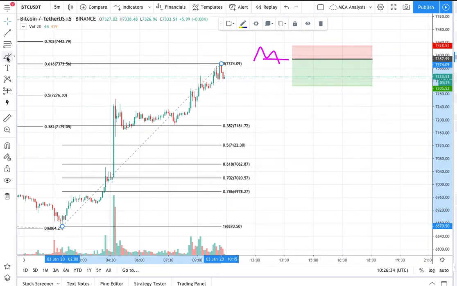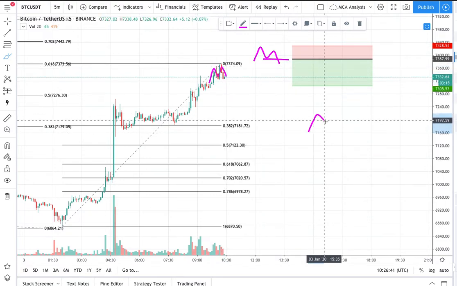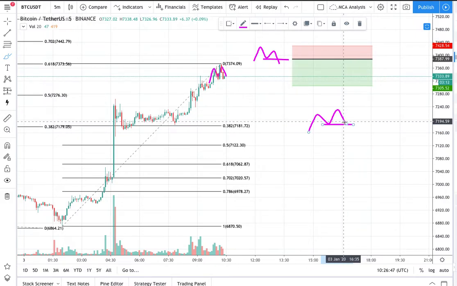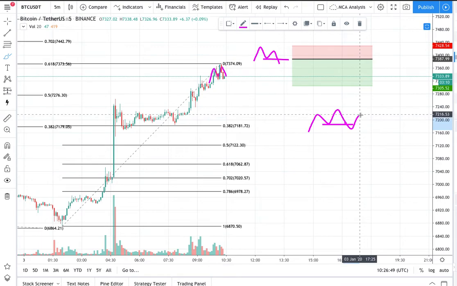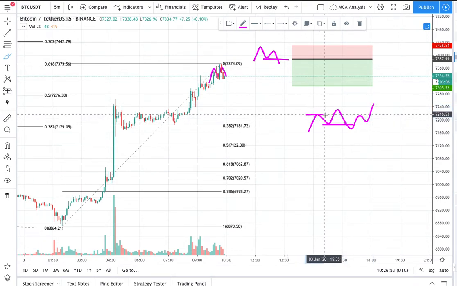So what we're looking for is an M to come in. Here, this is not an M, right? Because it's got a higher high. So even if it breaks this level right here, it could just come up and do this, and it could come back up again, right? Because this is not a valid market structure.